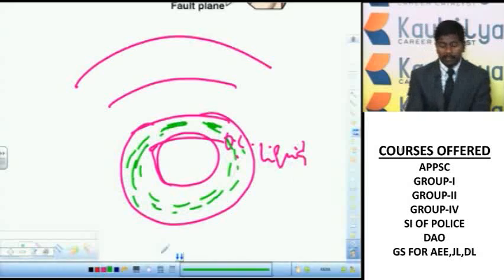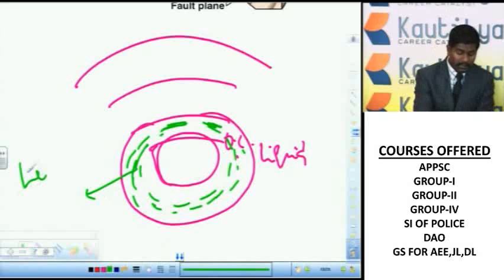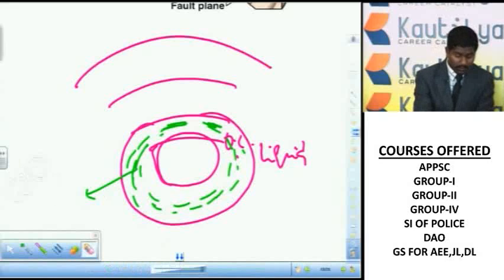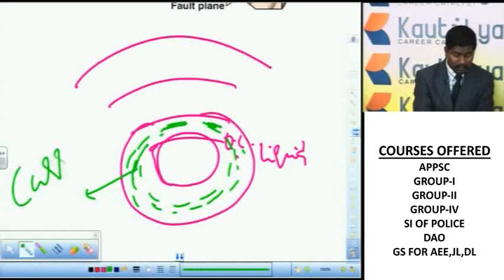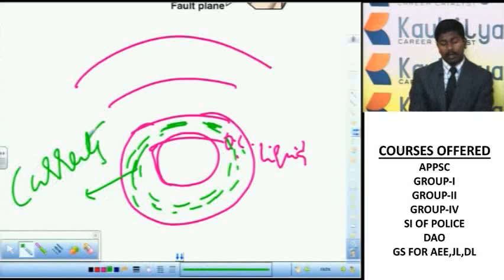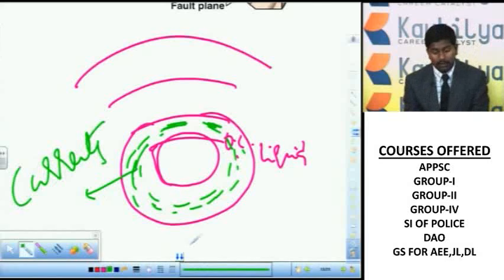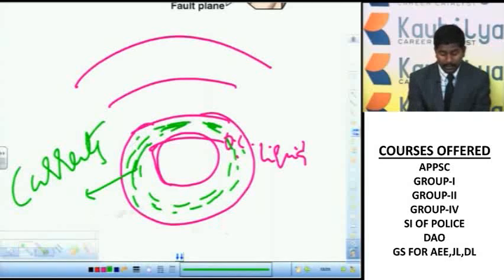When this molten metallic material revolves around the outer core, it produces currents, and due to the flow of this magnetic material, it also produces the magnetic field.